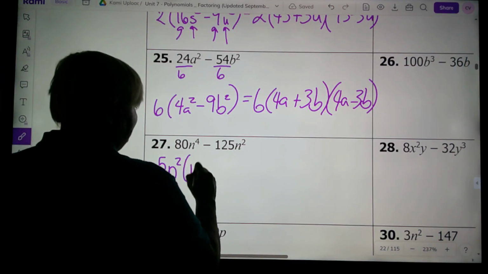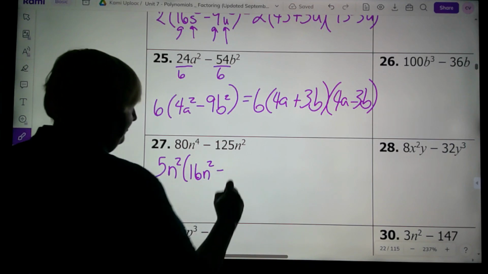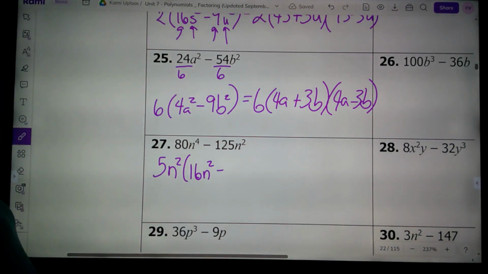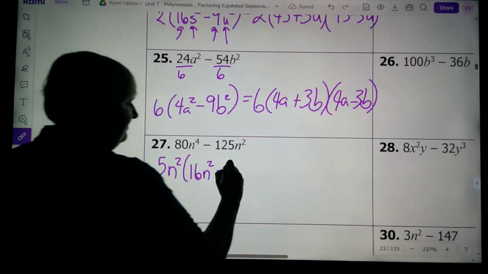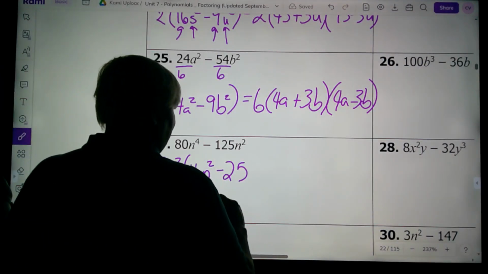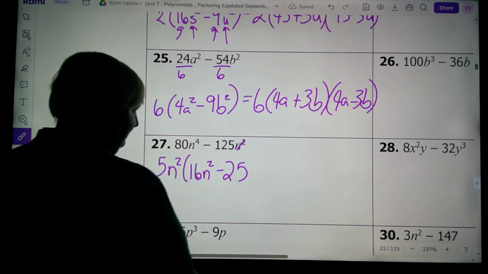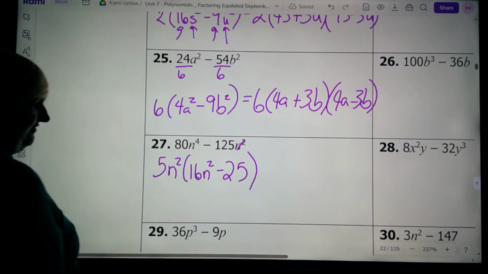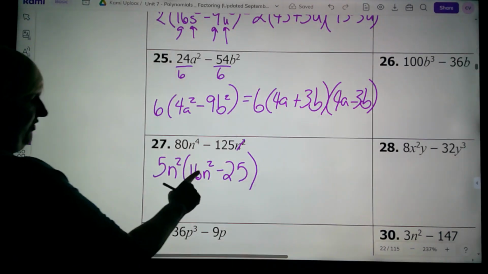That leaves me with 16n squared, which is a perfect square. 125 divided by 5 is 25. And I canceled this one because I divided by 5n squared. Perfect square, perfect square.